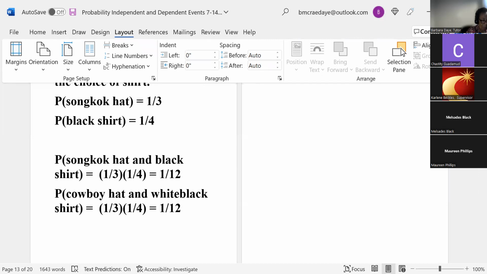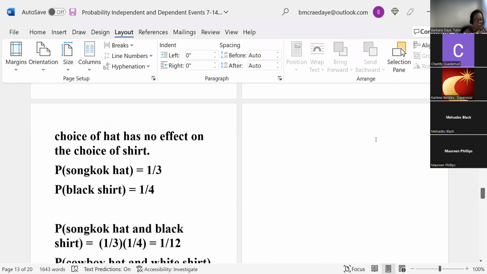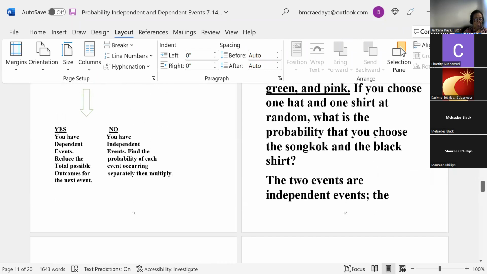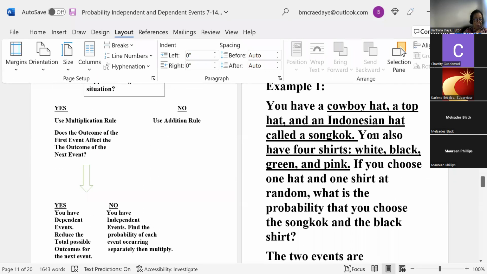There are 3 hats and 1 white shirt. What's the probability of getting a cowboy hat and a white shirt? Okay, here we go. Cowboy hat, top hat, Indonesian hat, we call a sangkak. 4 shirts: white, black, green, and pink.